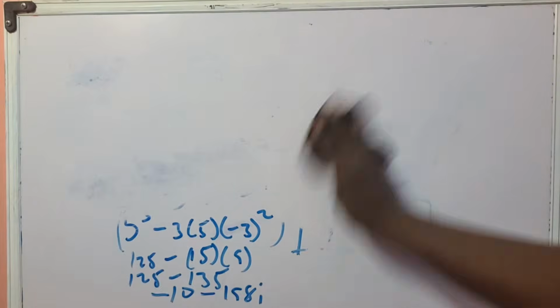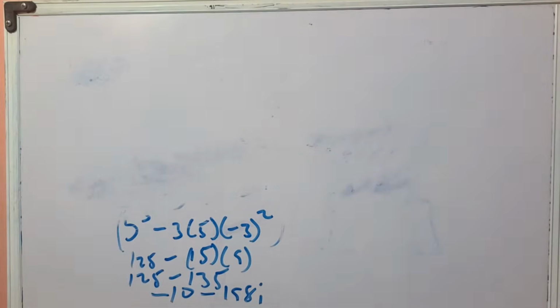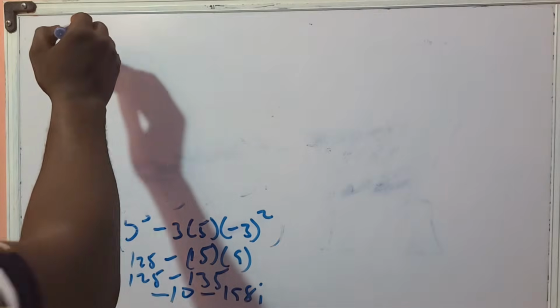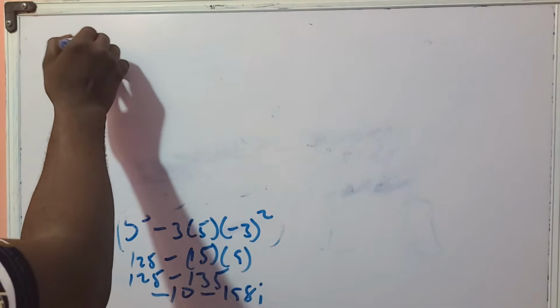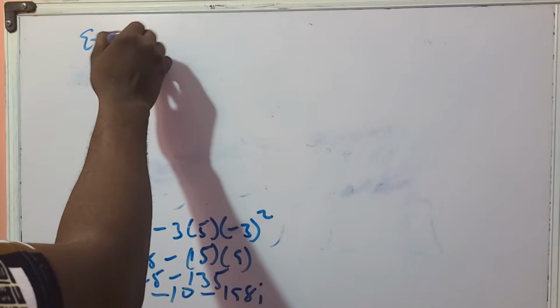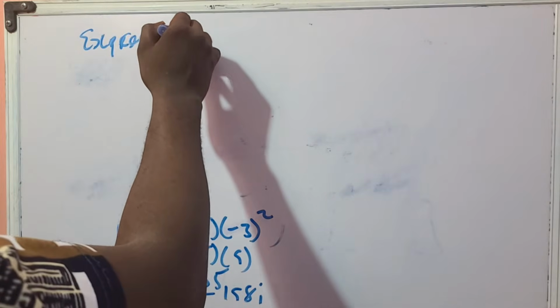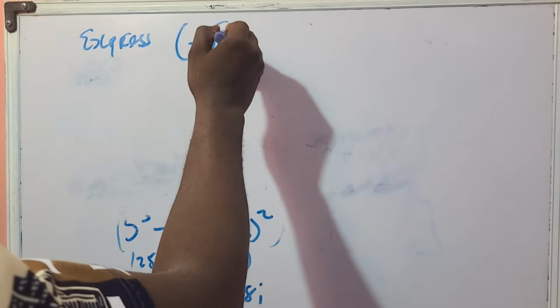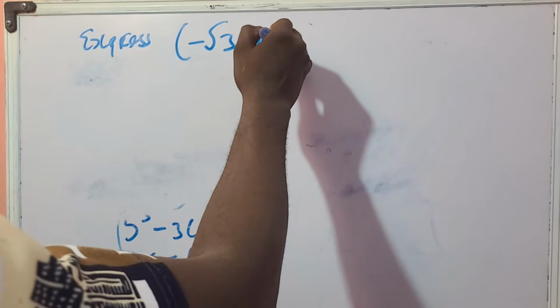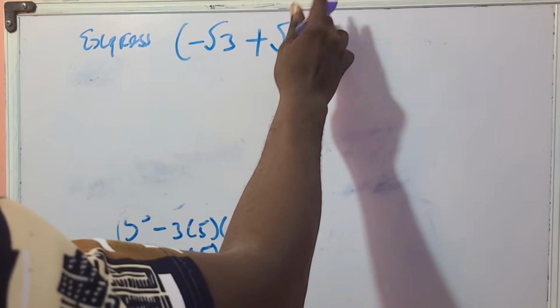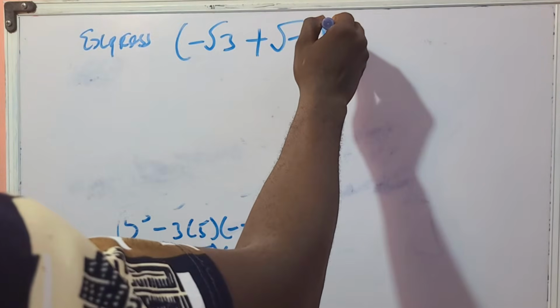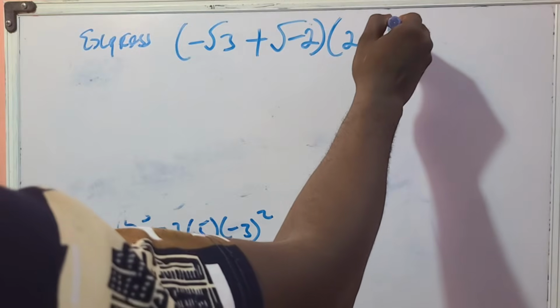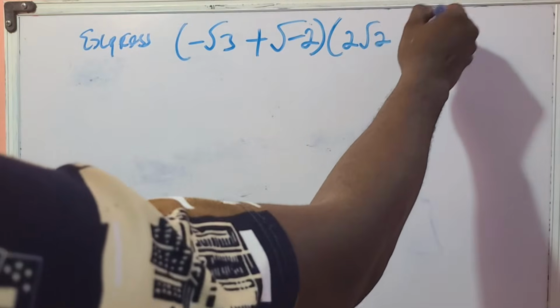Now let's solve the other question I gave you yesterday, which had to do with something else that I tried explaining yesterday. This was the question: you had to express this particular complex number, minus square root of 3 plus square root of minus 2, and then you have 2 square root of 3 minus i.